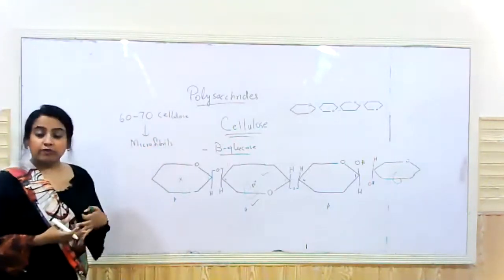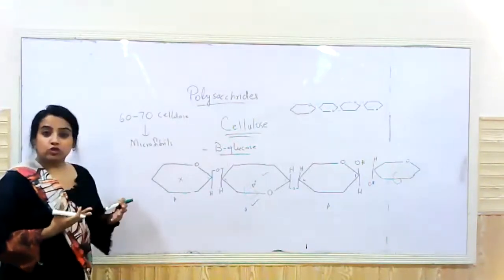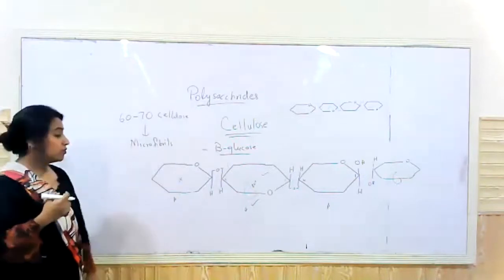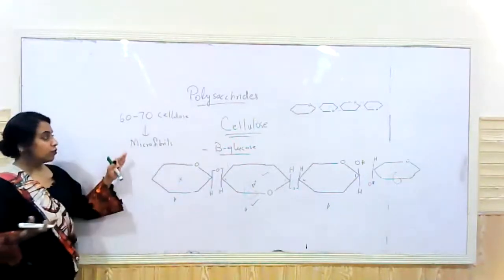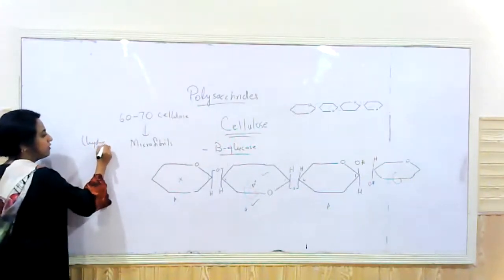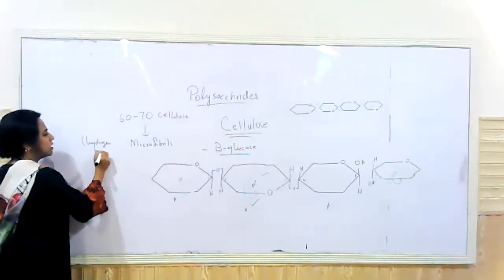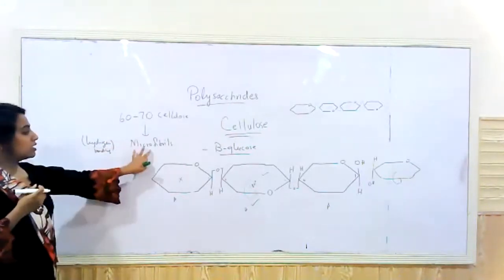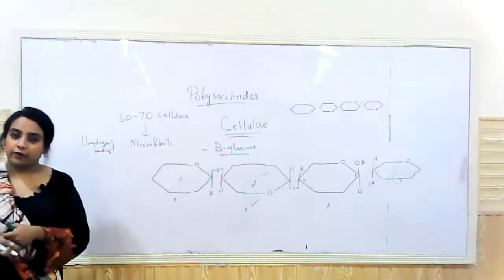How do microfibrils stay attached? With hydrogen bonding. There is extensive oxygen present. Because of the hydrogen bonding, and we'll see in a while what hydrogen bonding is and how it happens, the microfibrils are held in their position.